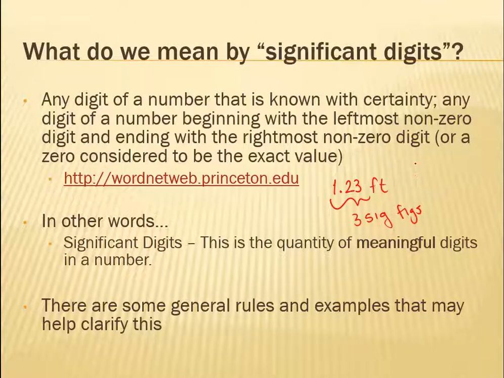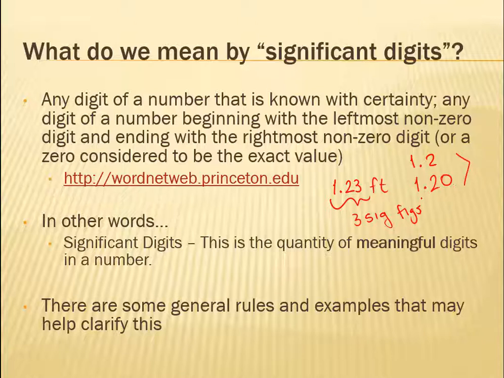Now, what if I tell you that I measured my table and it was actually 1.20. We can agree that in a practical sense, 1.2 and 1.20 are the same thing, right?